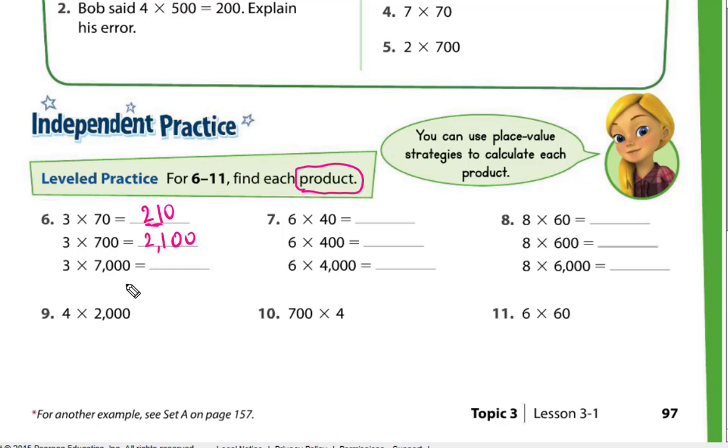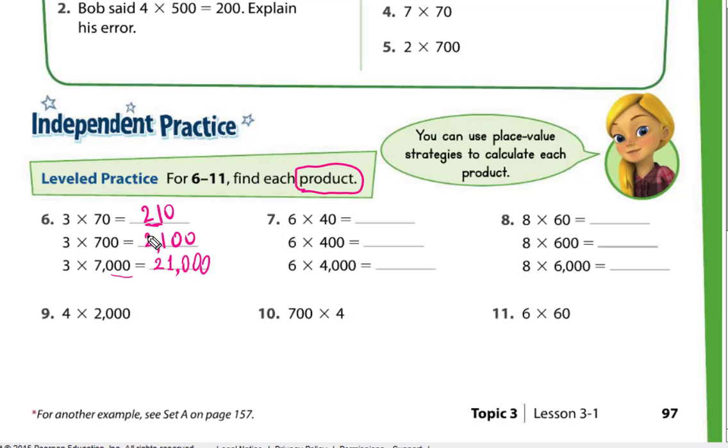Great. 3 times 7,000? How many zeros? 3 zeros. And 3 times 7 is 21, so it's 21,000. Thank you, Abdurrahman.